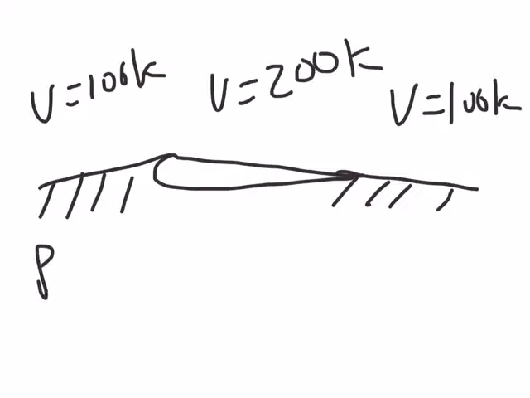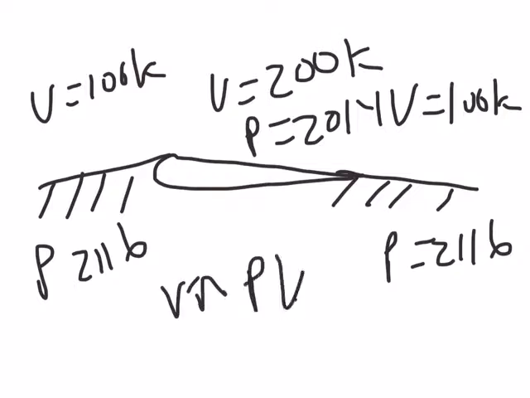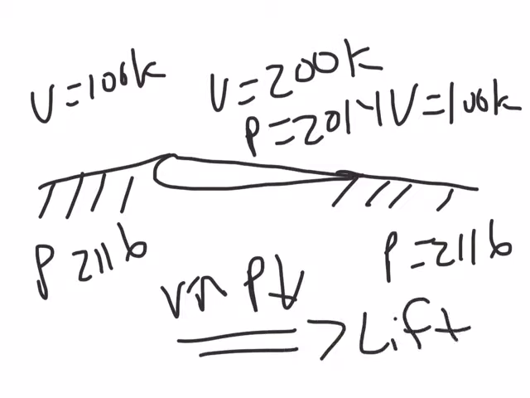The pressure here will be 2,116. The pressure here will be 2,116. But the pressure here is going to be 2,014. So as air flows over a wing, velocity is going to increase, pressure is going to decrease, and this is how we generate lift over an airfoil.